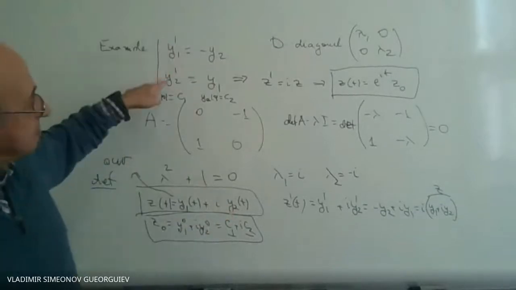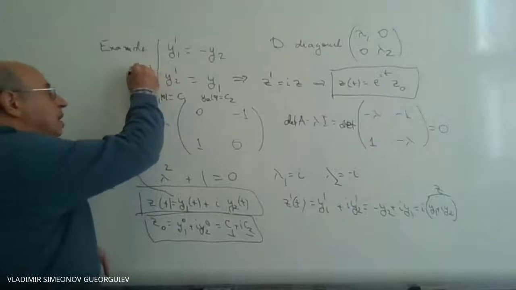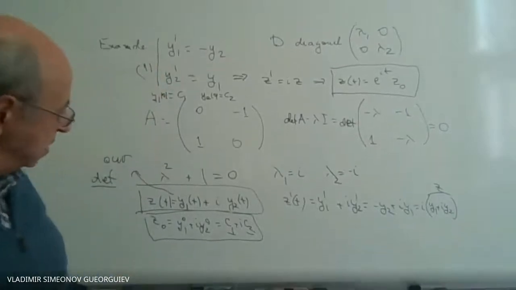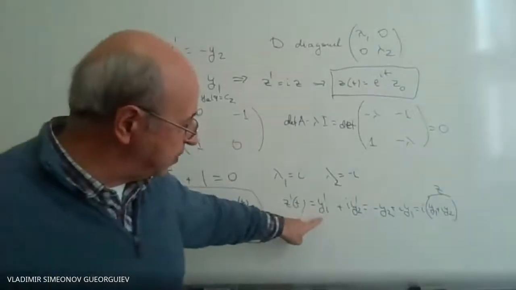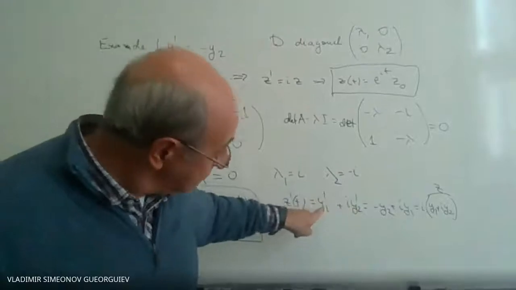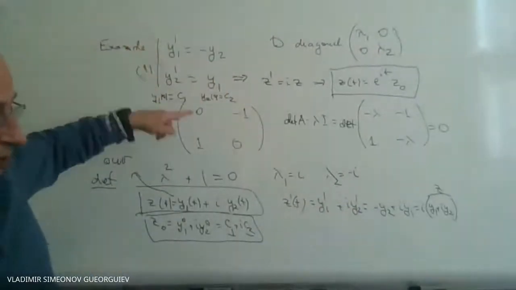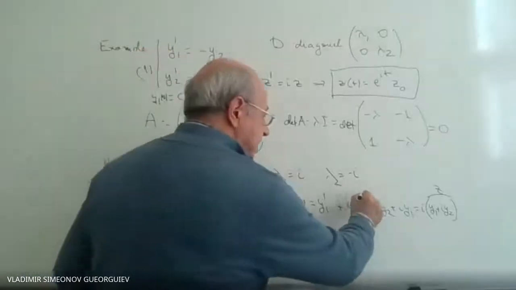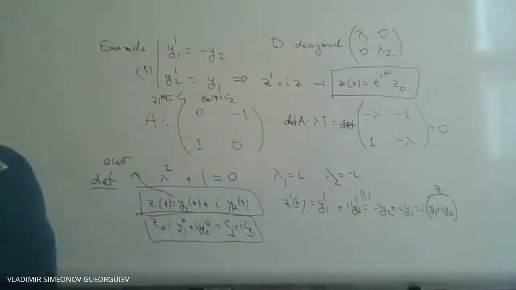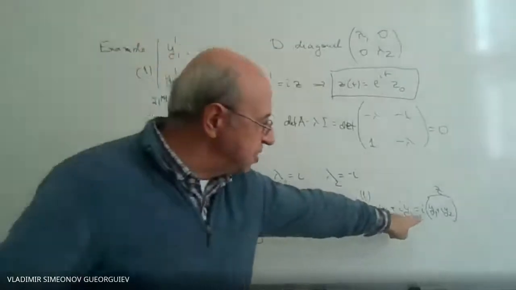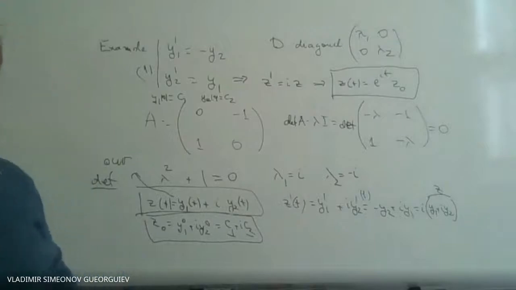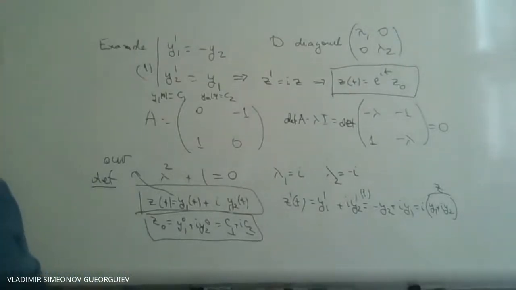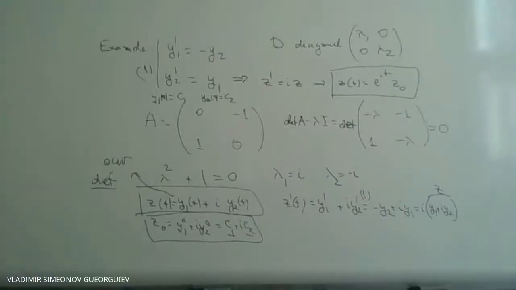And for derivatives, you use this system 1. So we compute zeta prime: y1 prime plus I y2 prime. Now, here and here, I use equation system 1. And then, putting I in front, I get something very simple and important. Okay, thank you. You're welcome.